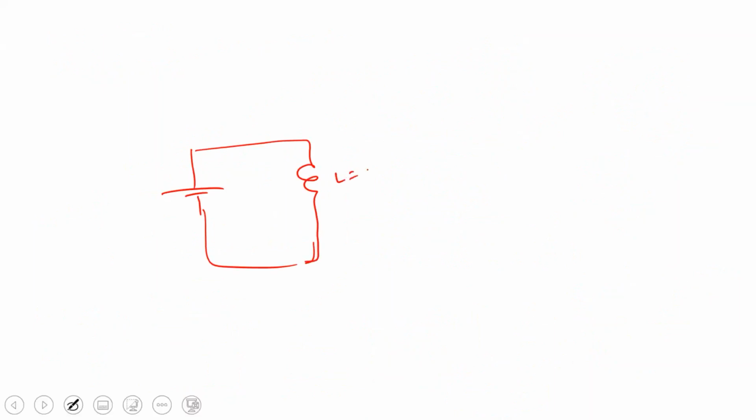So here the thing is simple. You have a circuit like this. We assume that this is the L value and the R value is 0, so there is no resistance for this coil. What will happen? I will vary as per time.